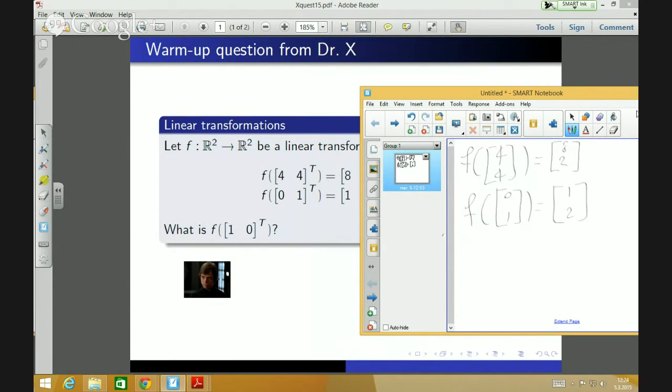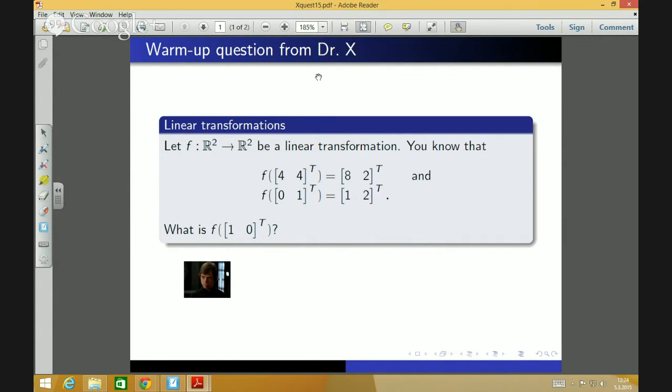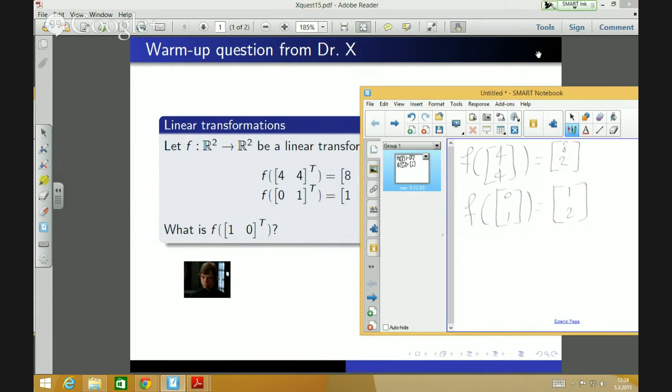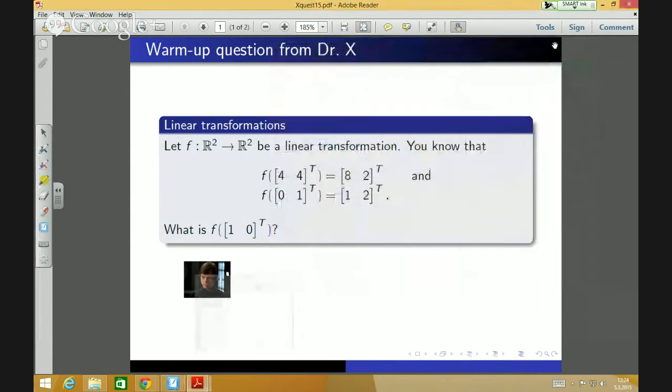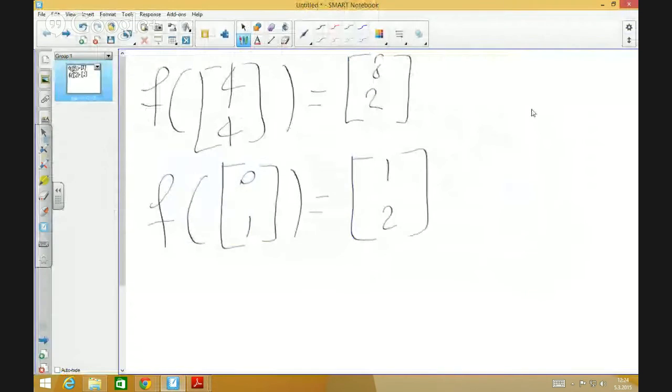You can't see anything, so just a second, I'll try to fix that. Let's get back to cinema mode. Perhaps you can see a little bit more. So that's the information that we got. And the question is, what is f of (1, 0) equal to?